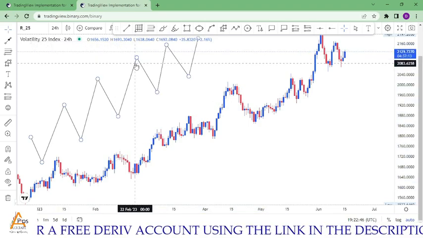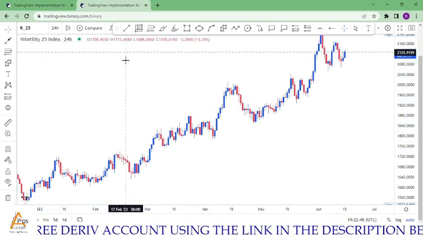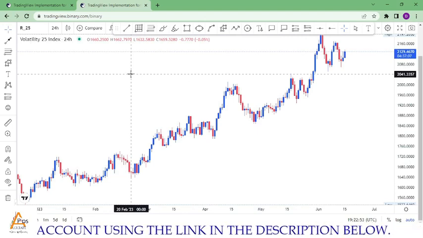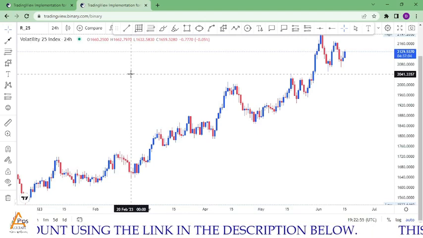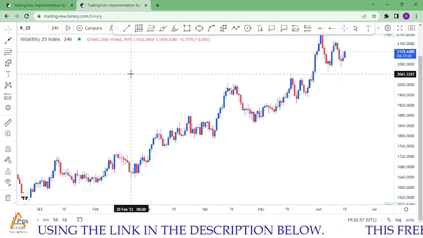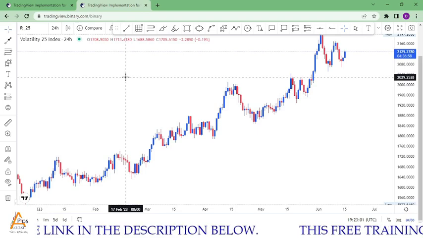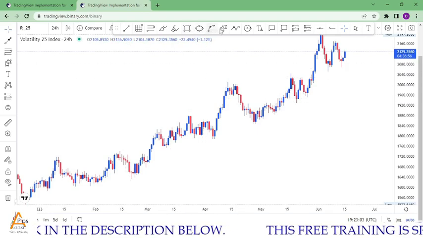Now a downtrend is the reverse of an uptrend. What I mean is, in a downtrend the market is moving downwards. This market is also known as the bearish market.